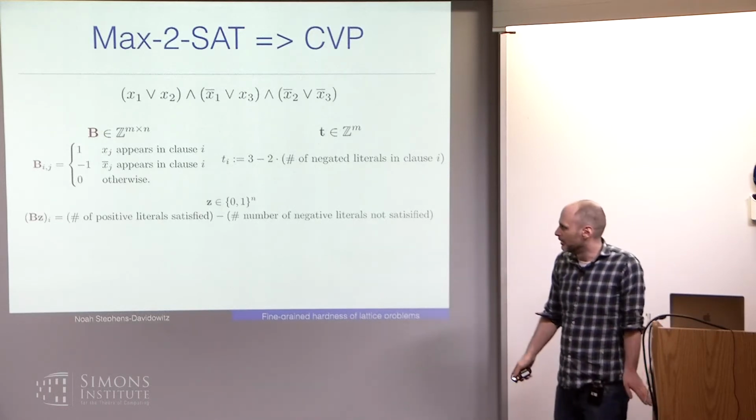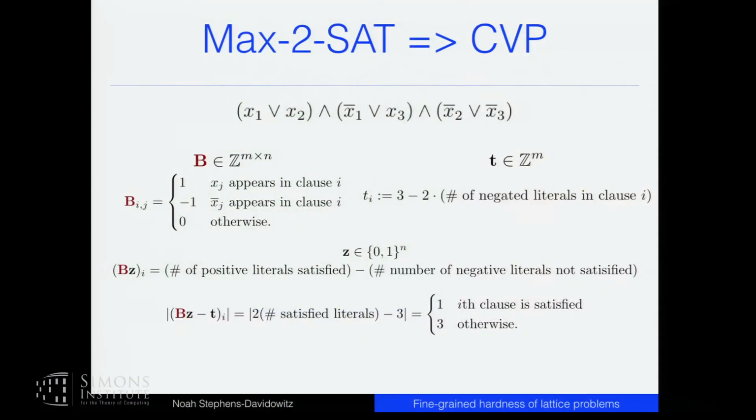Okay. Good. Then if we look at the difference between B times z and t in the ith coordinate, this is going to be twice the number of satisfied literals minus 3. And if you take the absolute value of that, you see that it gives you 1 if 1 or 2 literals are satisfied and 3 otherwise.